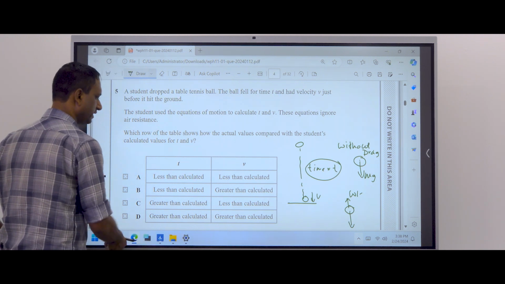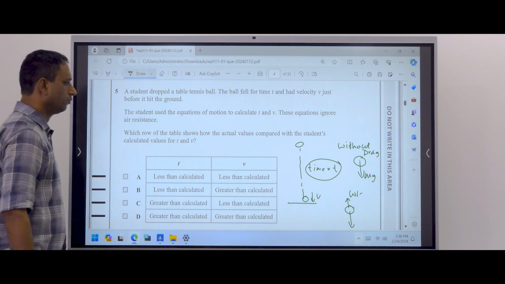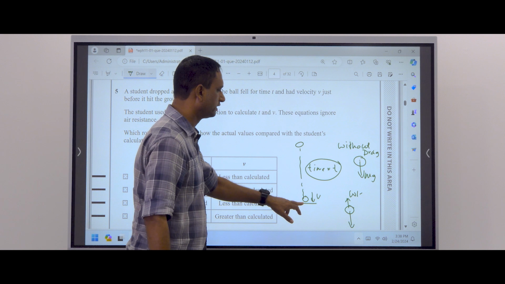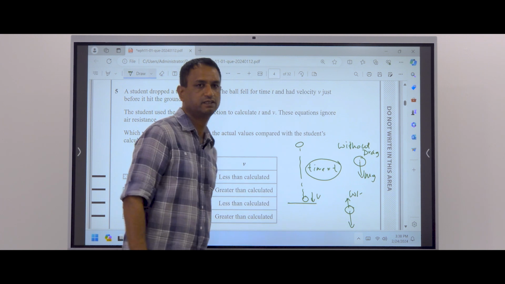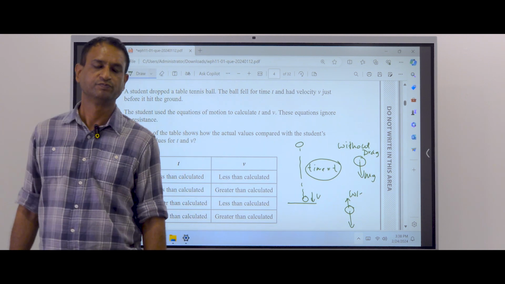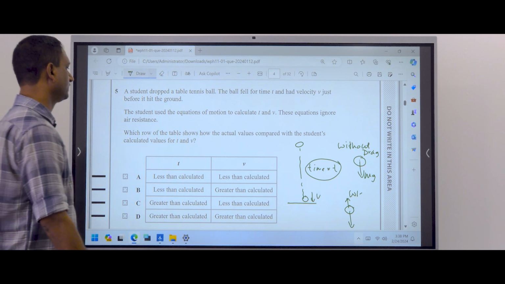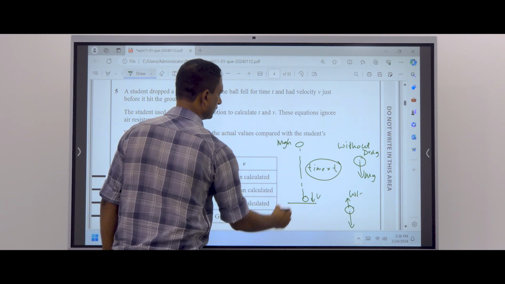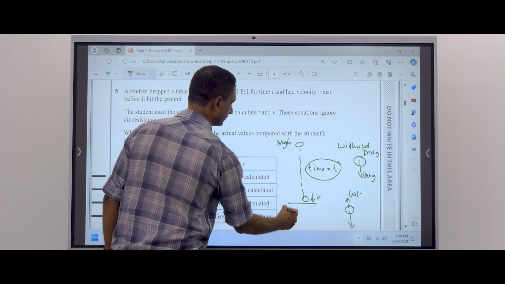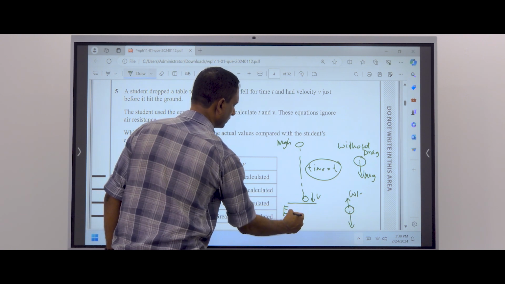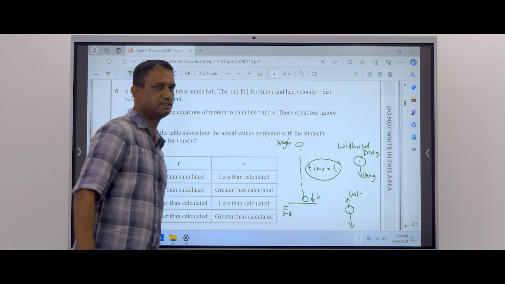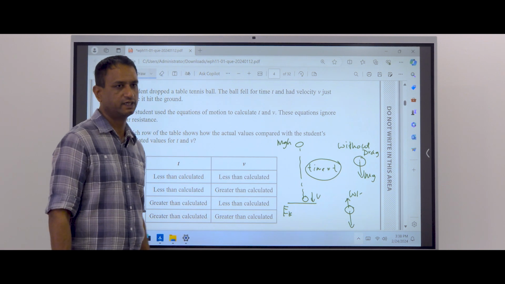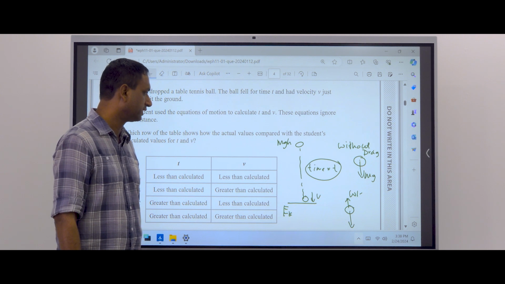Time taken is greater, and velocity hitting the ground. Velocity hitting the ground, we consider energy conservation. Then mgh is converted to kinetic energy. But if air resistance is there, some energy is lost to do a work against air resistance.